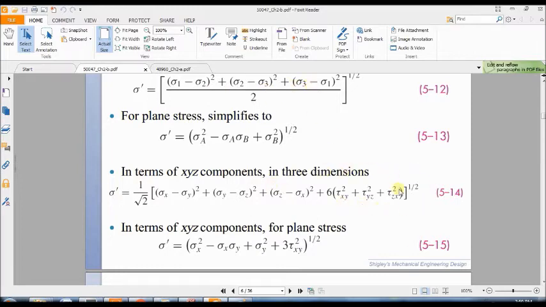Also, if you have only x and y components, you can use this equation directly to find the effective stress. So it's up to you. You can either first find the principal stresses or directly use this equation.